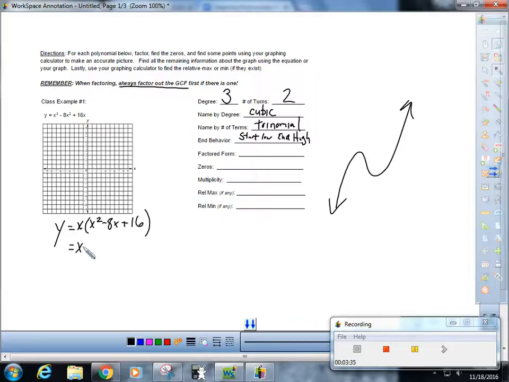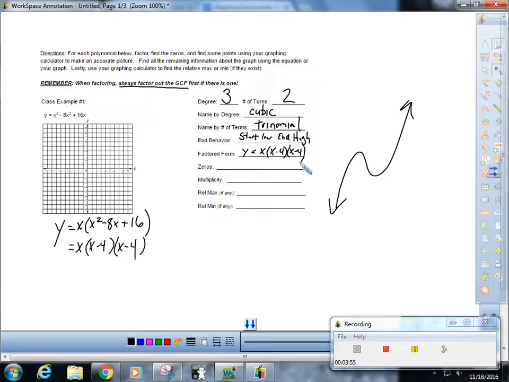Anybody? Excellent. Okay, so I'll write that here. Y equals x times x minus 4 times x minus 4.